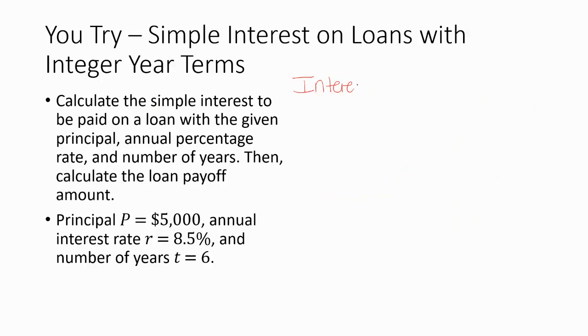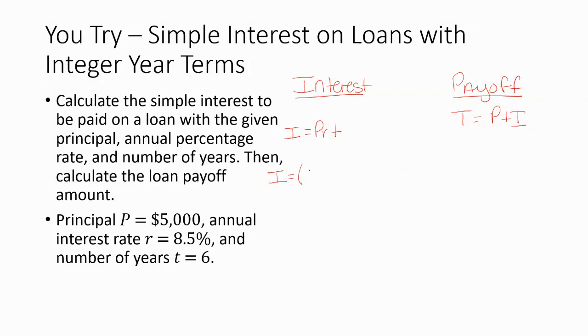Interest. And then we want payoff. I equals P times R times T. And then capital T equals P plus I.